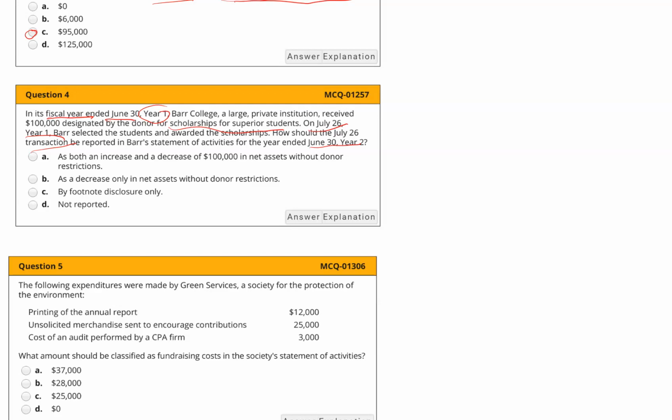That year, they awarded some students the scholarship. So what are they going to do? In the previous year, when they received that 100,000, it was a contribution revenue, but at that time it was with donor restrictions.